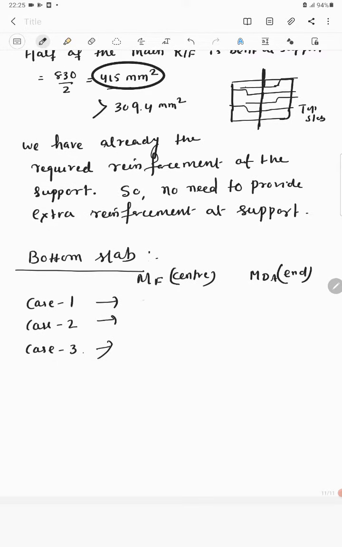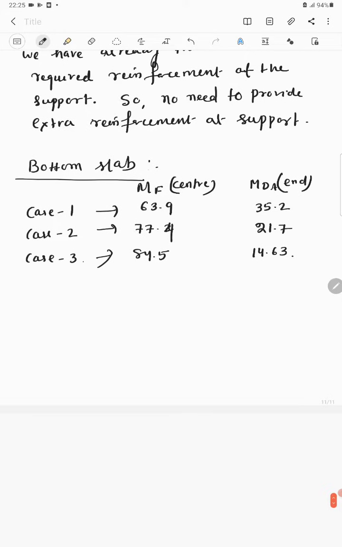We have calculated it in the previous video, part 1: 63.9, 35.2, and for case 2 this is 77.4, this is 21.7, this is 84.5, and this is 14.63. All are in kilonewton meter. So there is the maximum value, this, and here this.